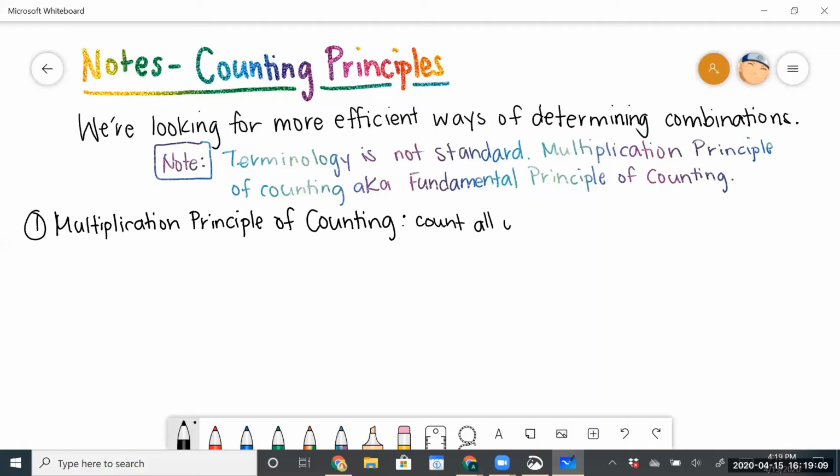all the outcomes from each task. What they call tasks or categories, okay? So in your textbook, they often refer to them as tasks or categories.